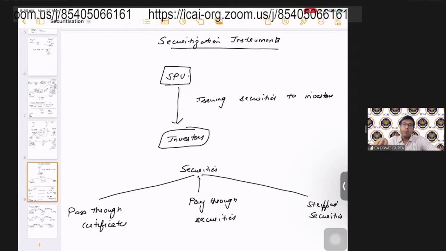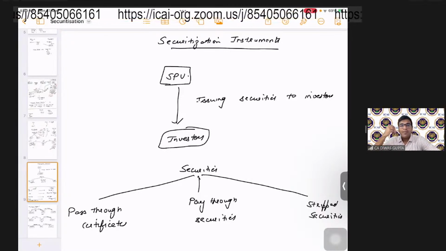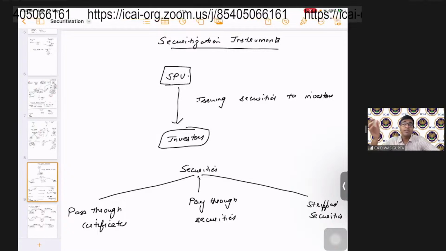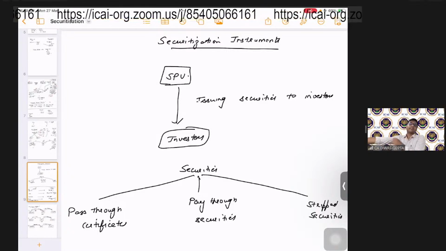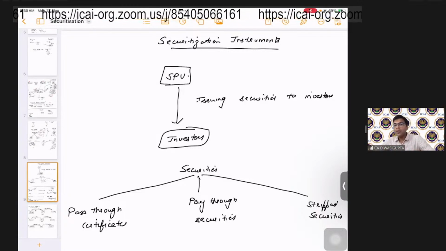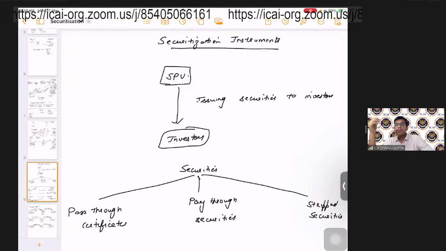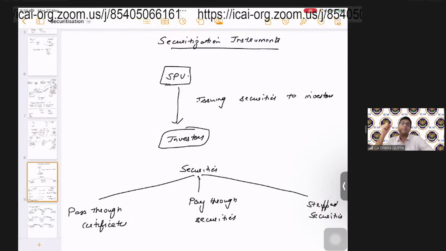So for the same property, which has a value of let's say 50 lakhs, they had given a loan of 75 lakhs, 80 lakhs, in the assumption that the prices will go up and the rotation of money will be faster. And the banks kept on selling those assets to those SPVs.